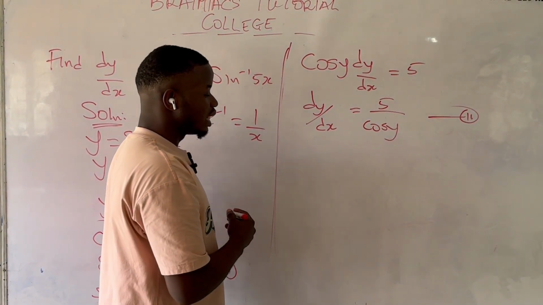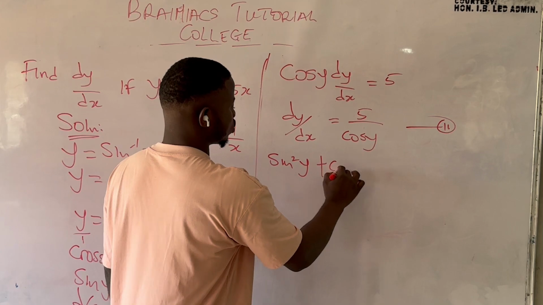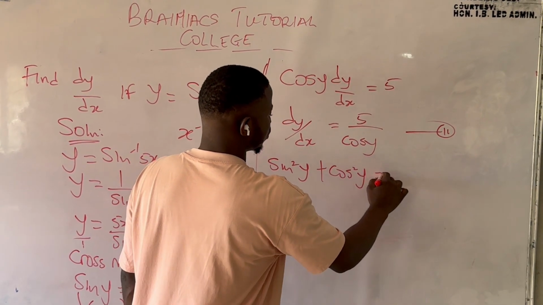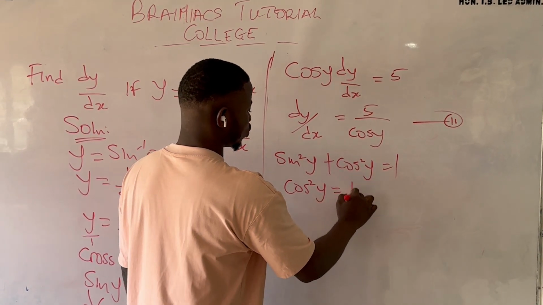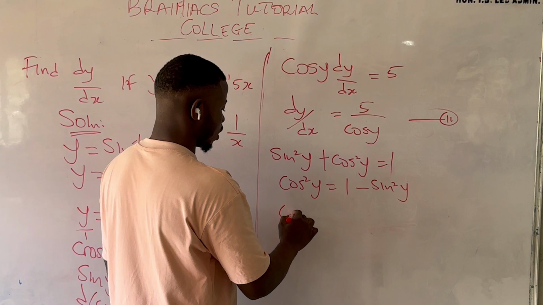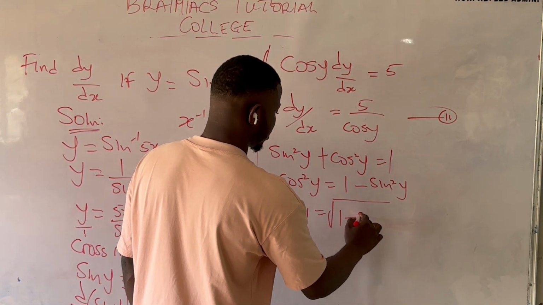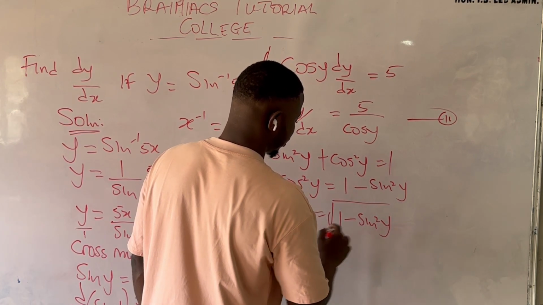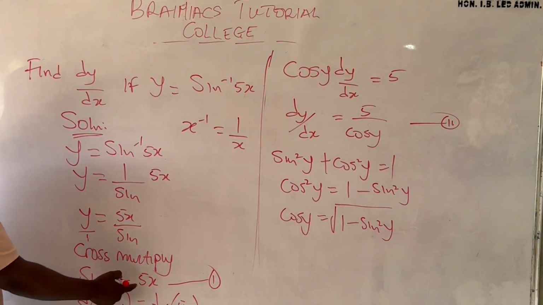From the trigonometric identity, you can recall that sine squared y plus cos squared y is equal to 1. So this implies that cos squared y is equal to 1 minus sine squared y. Also, cos y is equal to the square root of 1 minus sine squared y. Recall from equation 1 that sine y is equal to 5x.